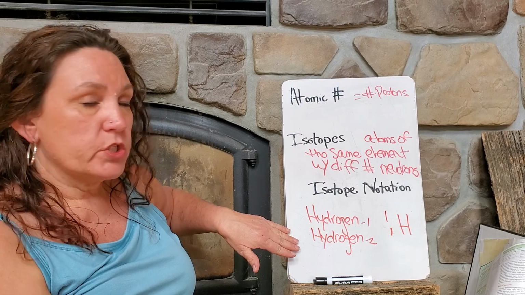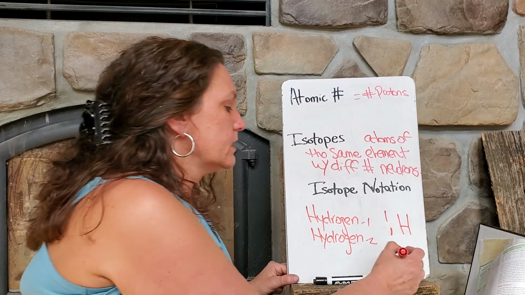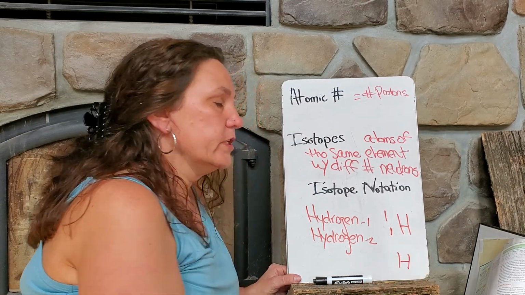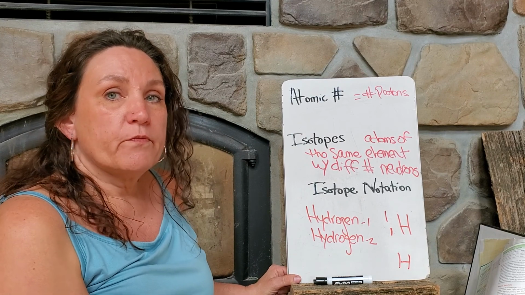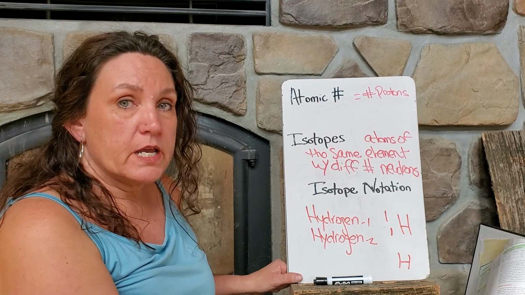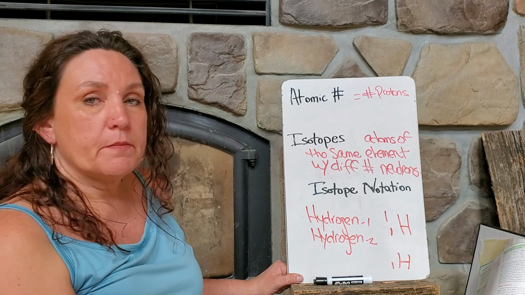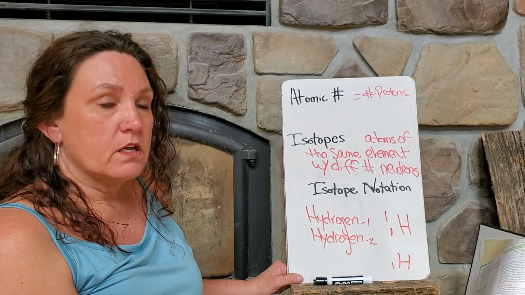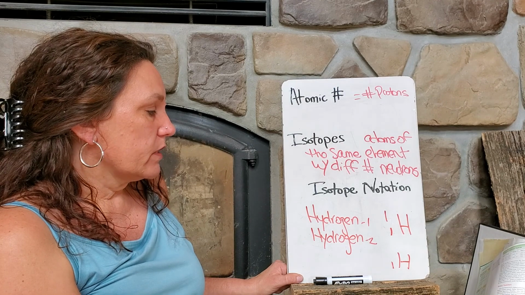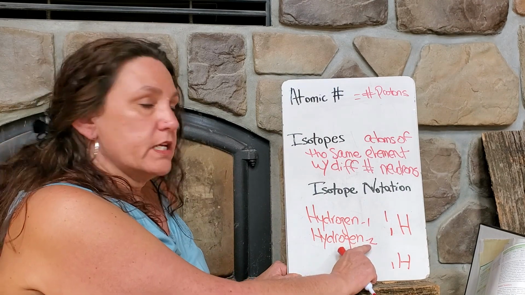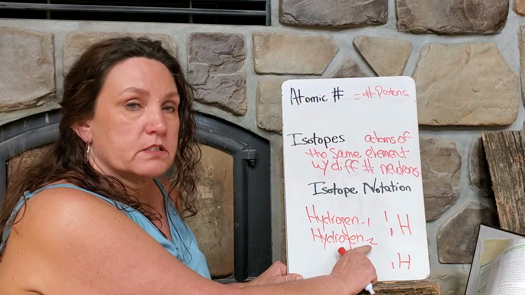So hydrogen-2, again, symbol H. From the periodic table, we know that it has to have an atomic number of 1. And now we're looking at the total weight. Well, the total weight of this substance is 2.